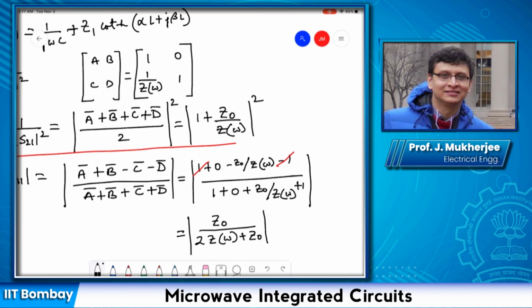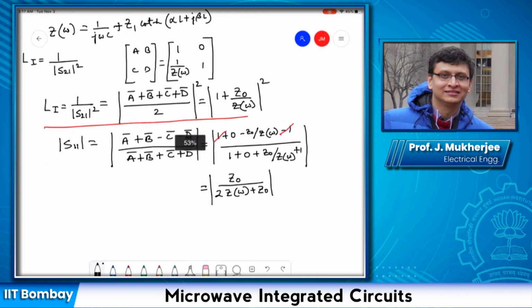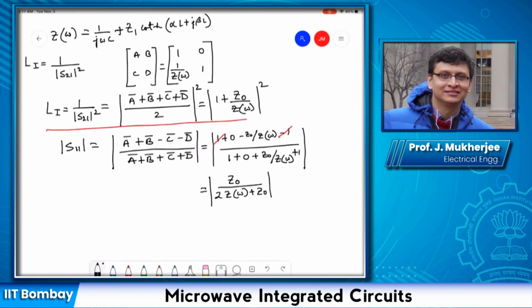Now, at resonance, at series resonance, Z of omega becomes equal to 0.